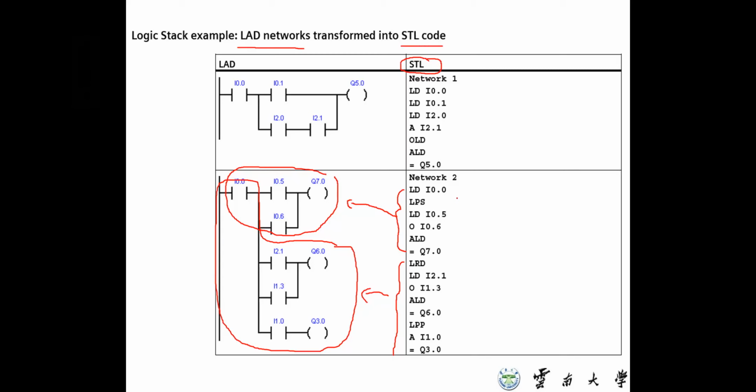Like a converter, you can use two types of programming language, but some engineers are suited to LD network, or suited to STL code. But as a student, you must learn both types. Do you know?